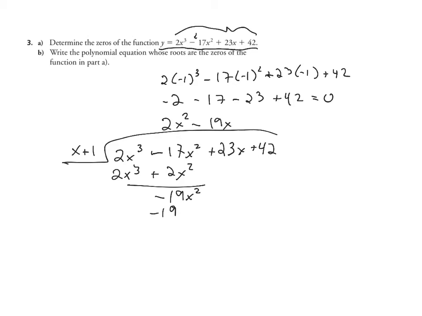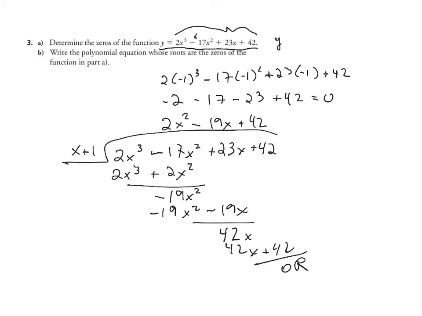Negative 19x squared minus 19x is going to be 42x, so plus 42, and 42x plus 42, and there's a remainder of 0. So we know that this can be rewritten as y equals x plus 1 times 2x squared minus 19x plus 42.